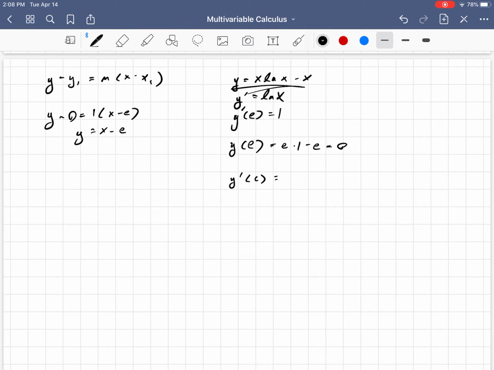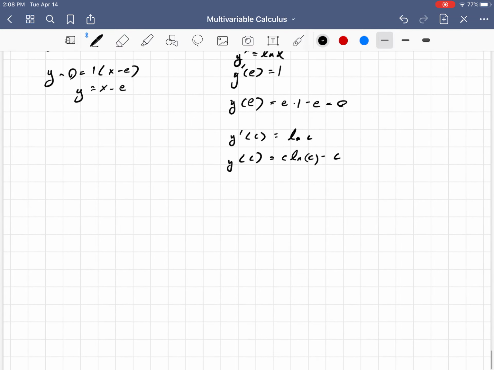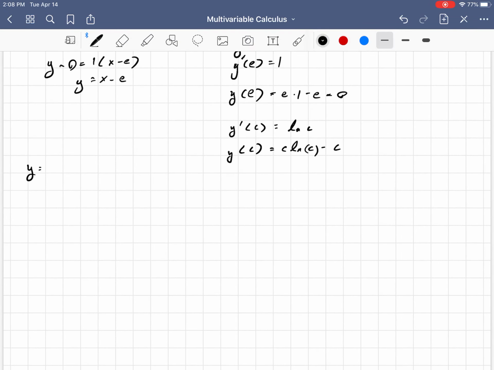And in general, if you plug in, say, the point c, y prime of c, our slope, is the natural log of c, and y of c is c ln c minus c.